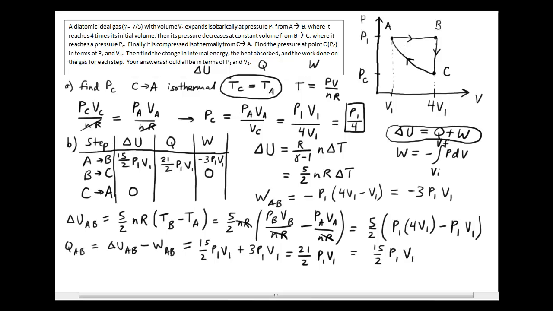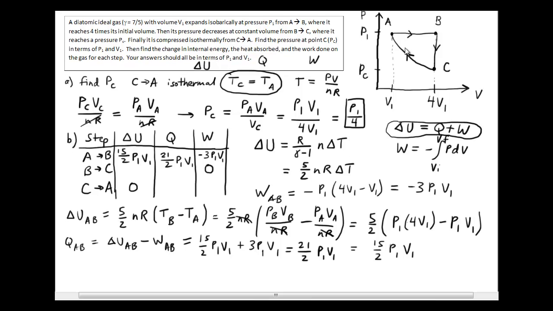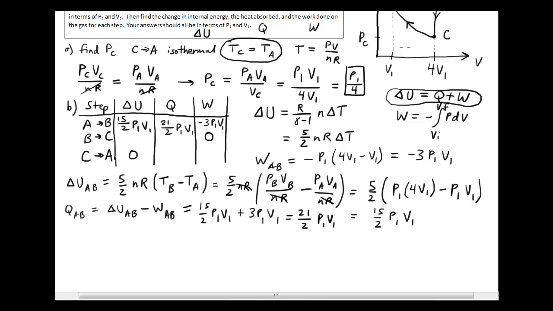Let's move on to B to C. The nice thing is we have the work already. There's no simple equation for Q, so let's solve for delta U. This won't be too difficult. We'll use pretty much the same strategy that we just used for step AB. So delta U BC is 5/2 nR times the final temperature TC minus the initial temperature TB.